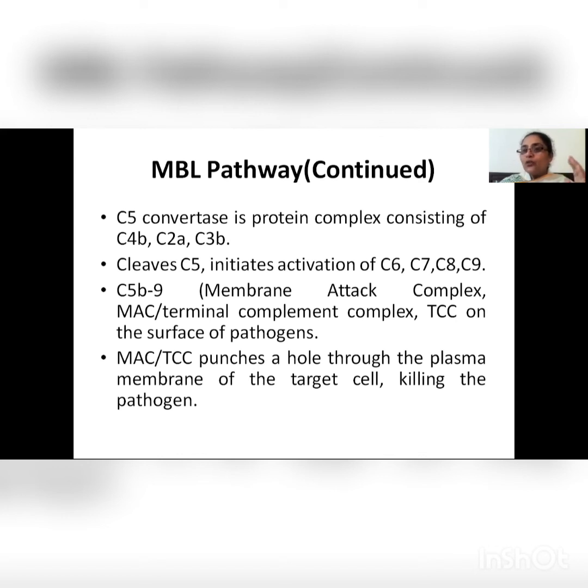As I said when I started the mannose binding pathway, the mannose binding lectin goes and binds to the pathogen directly.